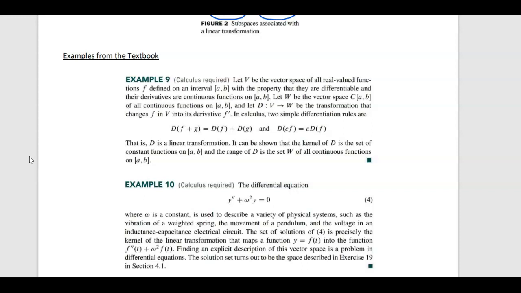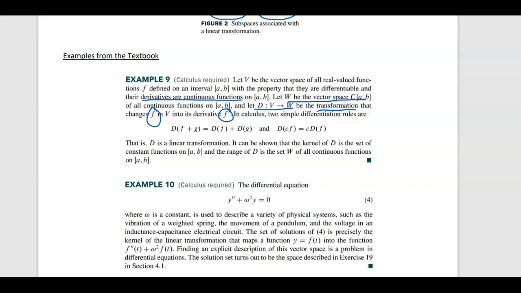So if W is the vector space C of A, B of continuous functions on the interval, then we're going to define D to be the transformation that takes f to its derivative. Since I know the derivatives are continuous, that's why W is the space of all continuous functions on that interval from A to B.